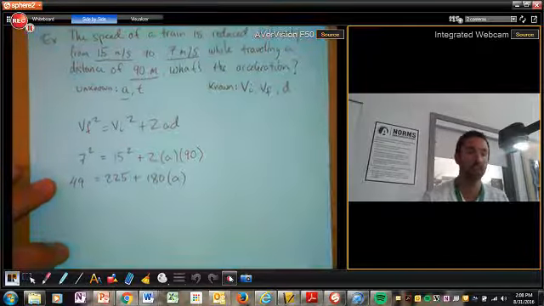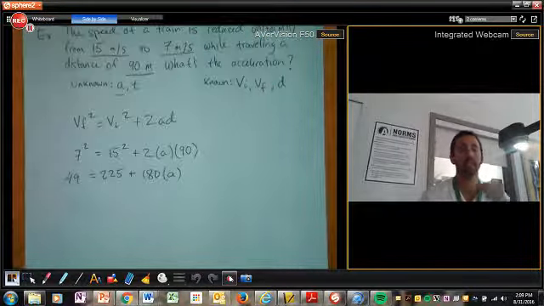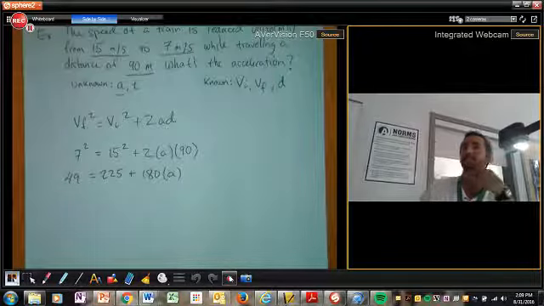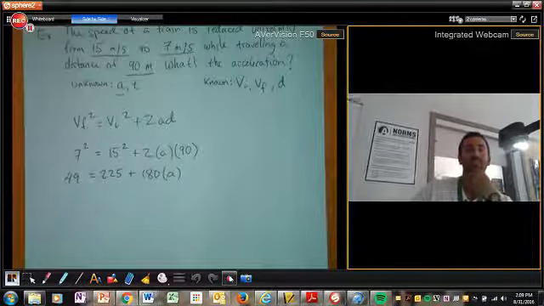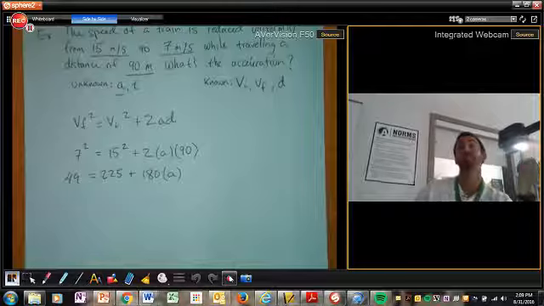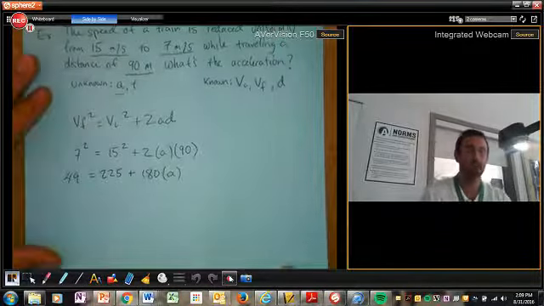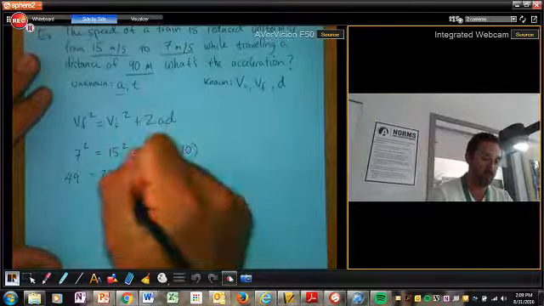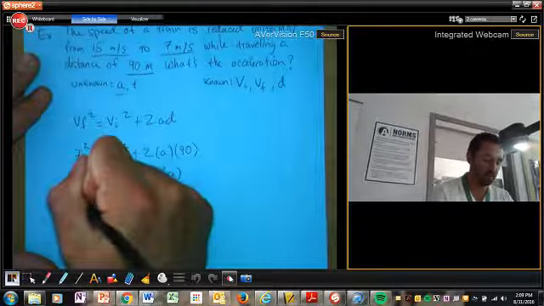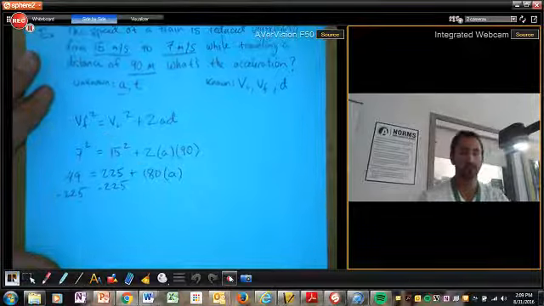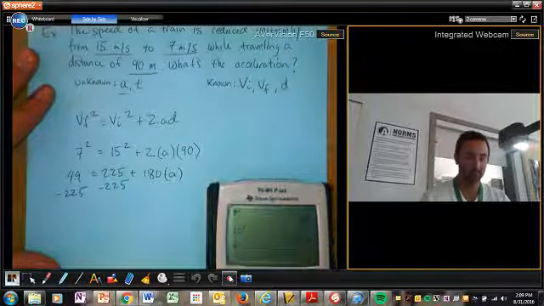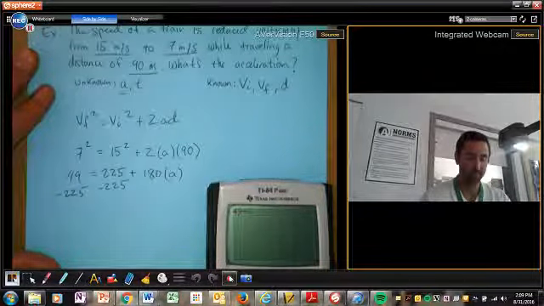Now, algebra. Solve for A, but it's not that easy, right? We have to follow order of operations, so I got to subtract 225 from both sides. Who loves this stuff? Me. So what do I get? 49 minus 225 is negative 176.